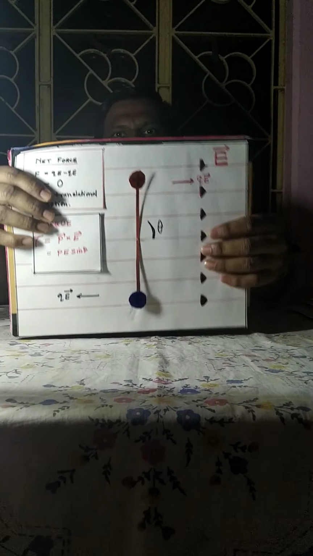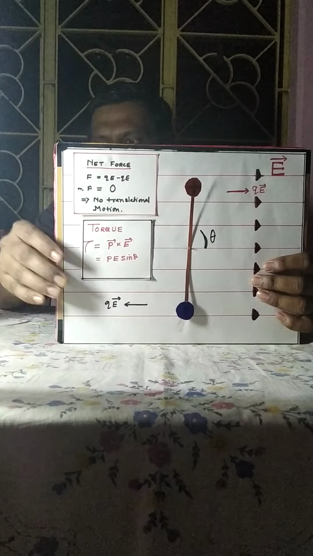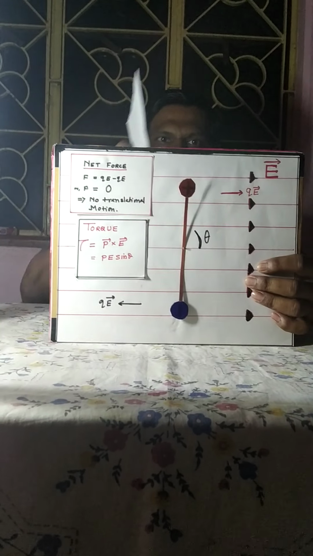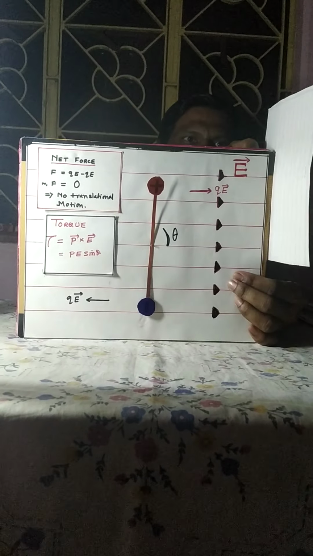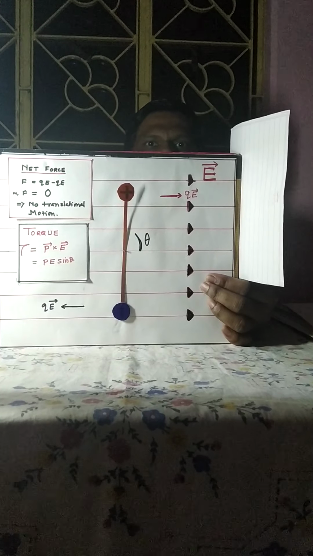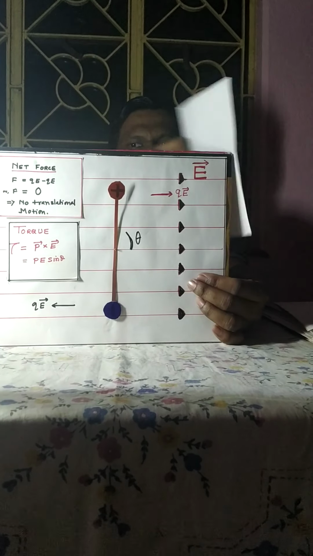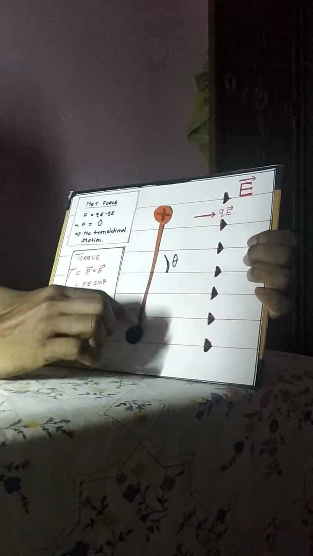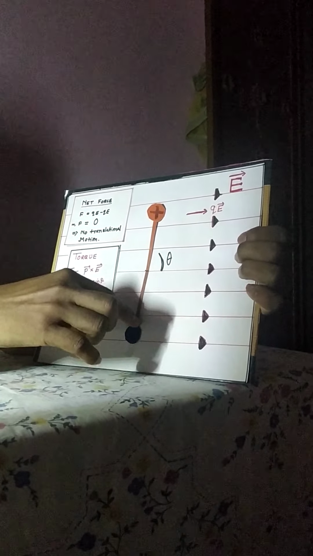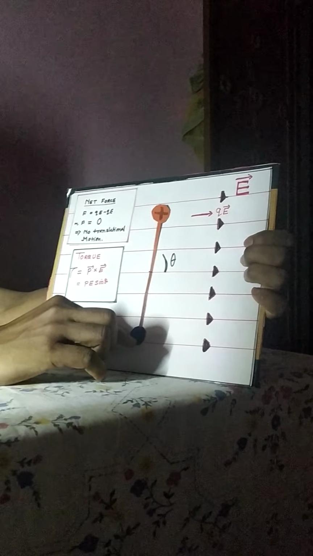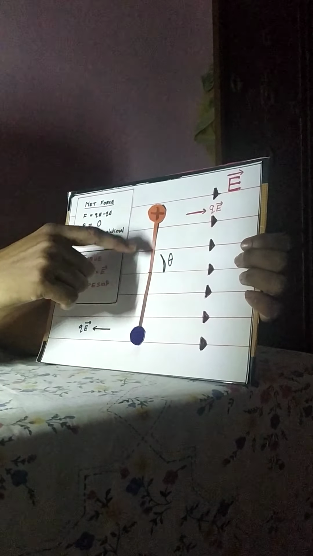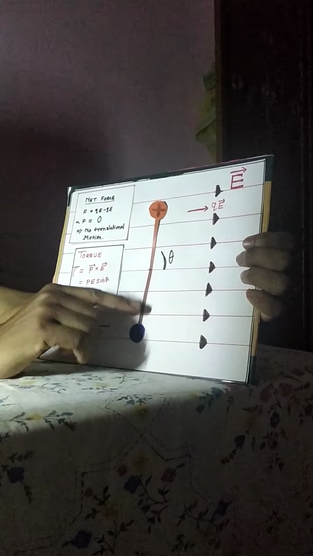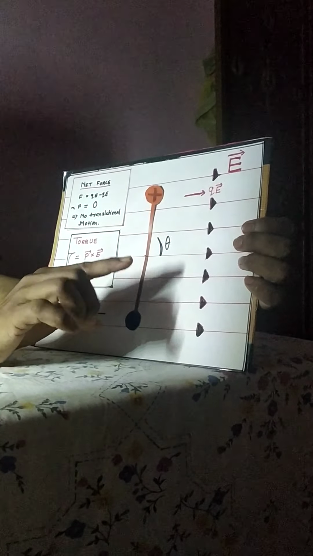If we keep the dipole perpendicular to the electric field lines, then the plane perpendicular to the electric field line will represent an equipotential surface. When both the charges are on an equipotential surface, then the net energy possessed by this dipole is equal to 0. But the energy due to the system of these two charges remains the same, 1 by 4 pi epsilon naught q1 q2 by r.